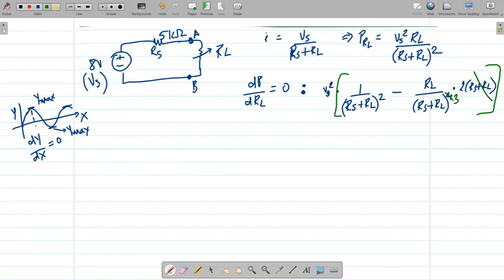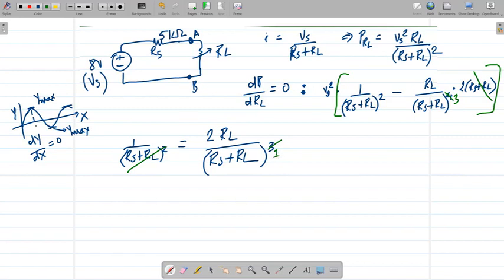And if I were to set this to 0, then what I can say is 1 over Rs plus RL square is equal to RL over Rs plus RL cube into 2. Okay, and the square cancels out with the cube, leaving behind 1.